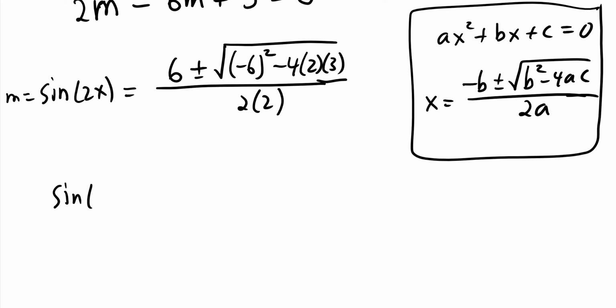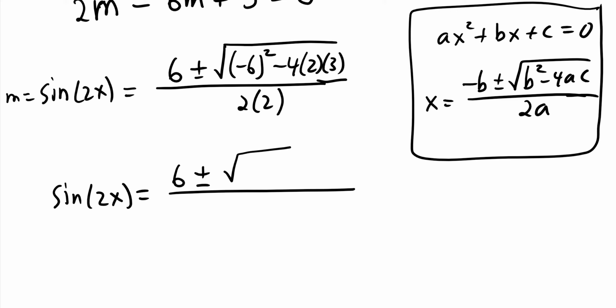So sine 2x equals 6 plus or minus, if we simplify the quantity under the radical, that's 36 minus 24. 4 times 3, that's a 16. So we got 36 minus 24, which is 12 over 4.